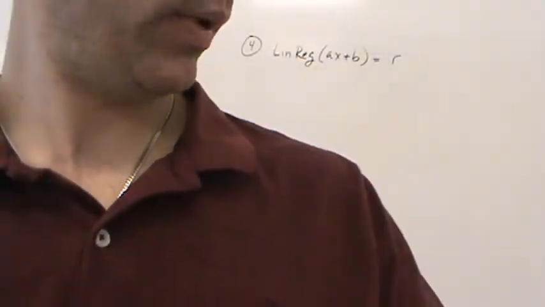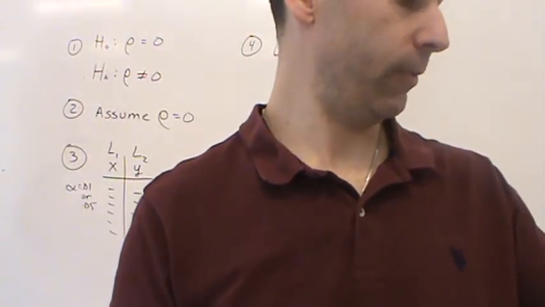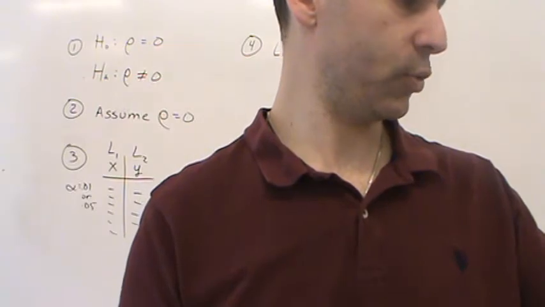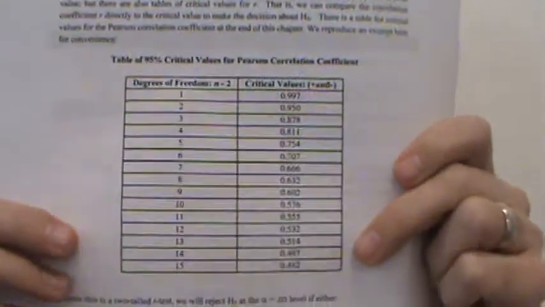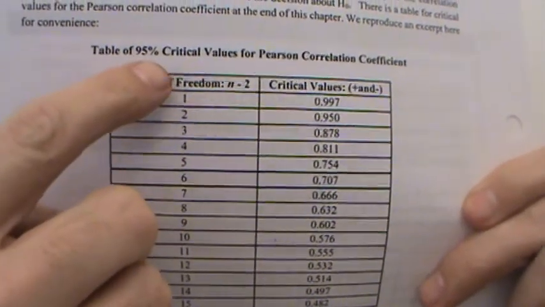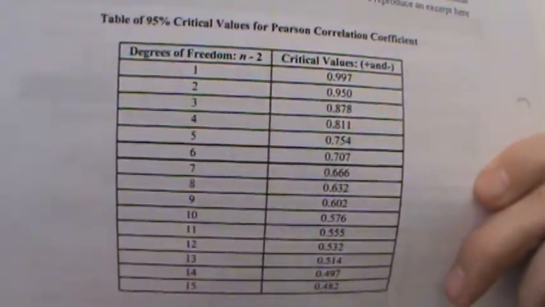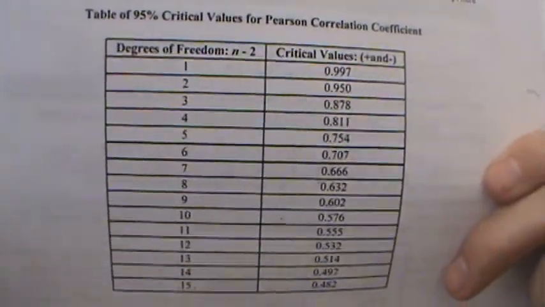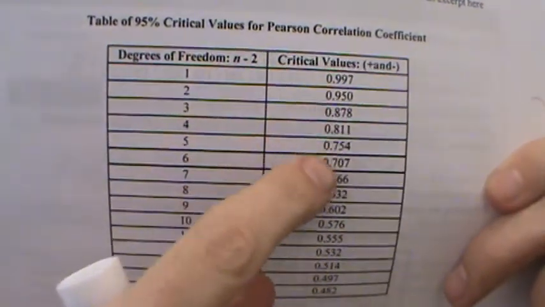This one here is for an alpha level of 0.05. So this whole table is strictly for an alpha level of 0.05, and it has the degrees of freedom. If you go down the degrees of freedom, you'll see that these are the critical values.